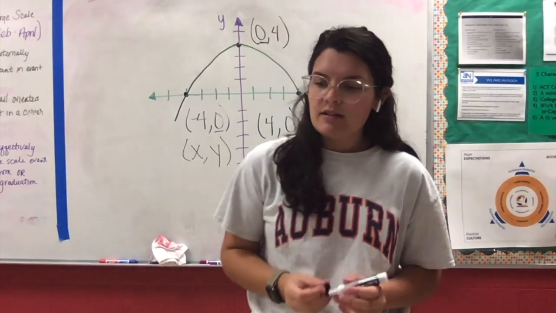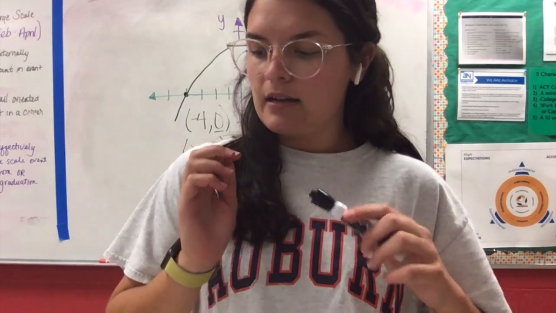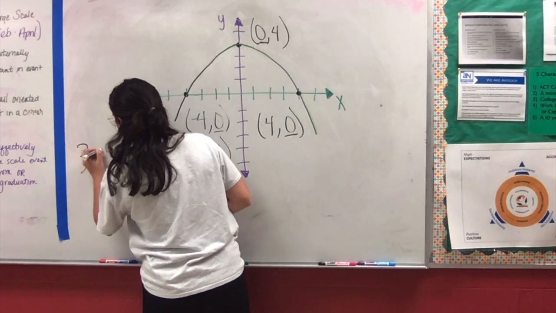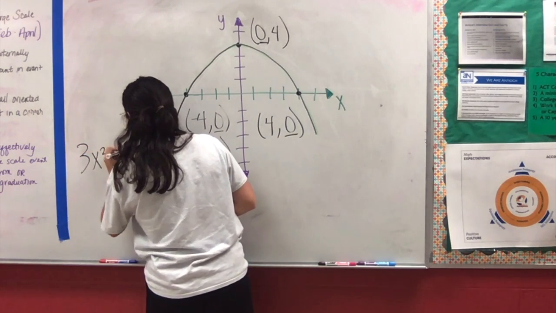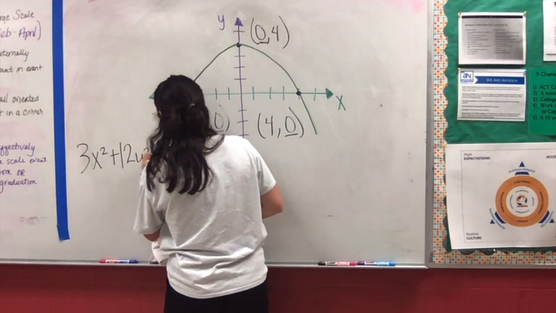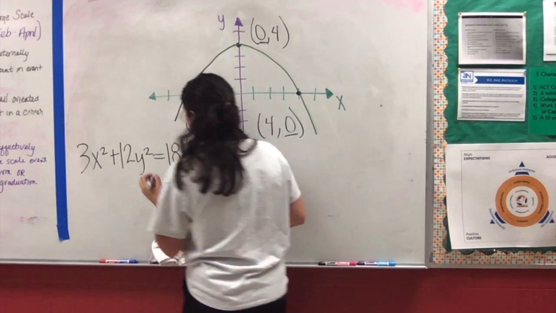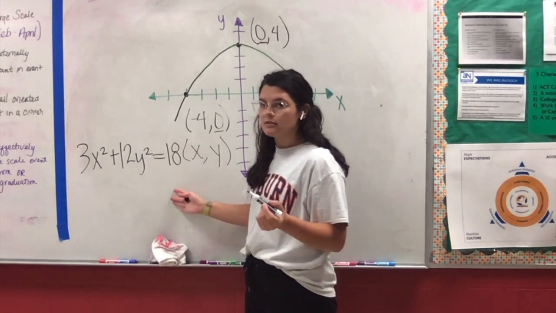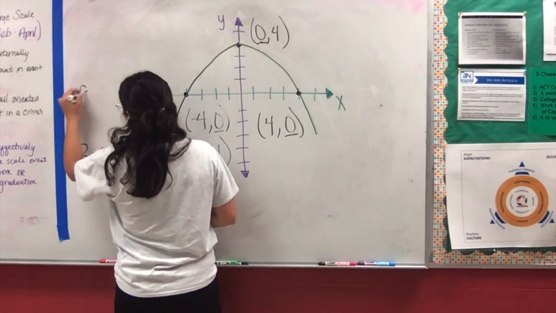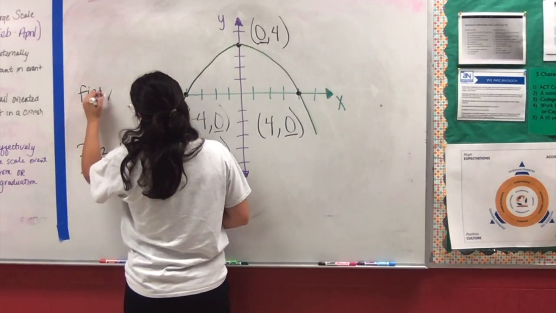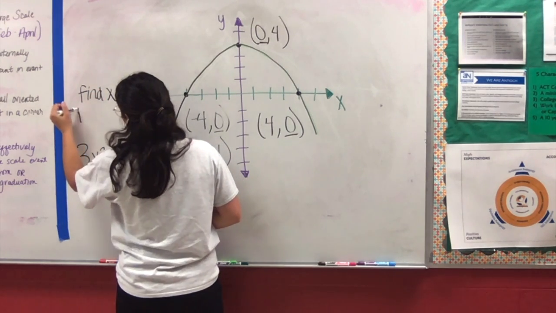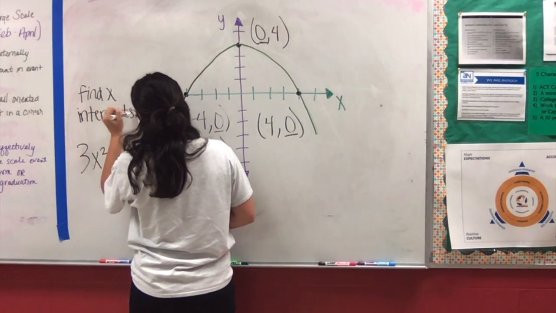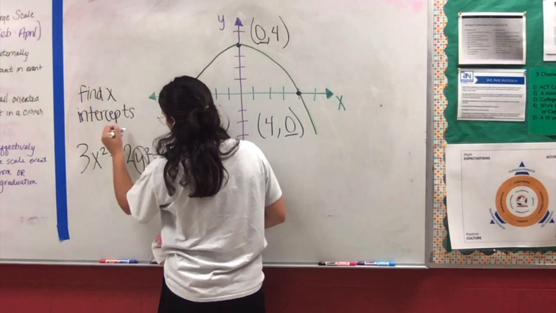And so now that we know that, when we get a problem like this, so 3x squared plus 12y squared equals 18, and it asks us to find the x-intercepts, we know this y is always going to equal 0.